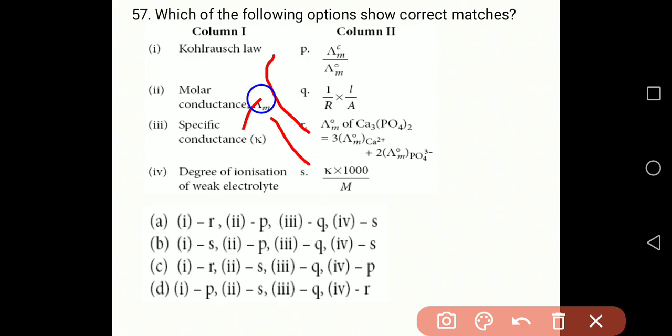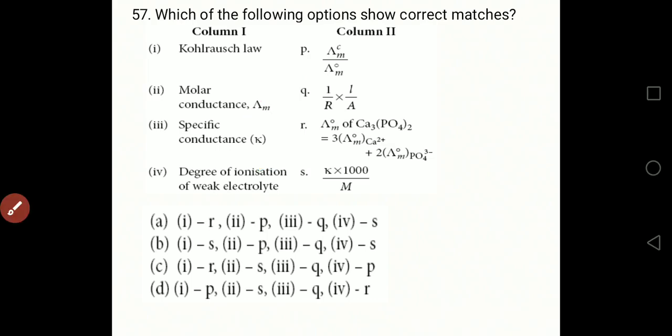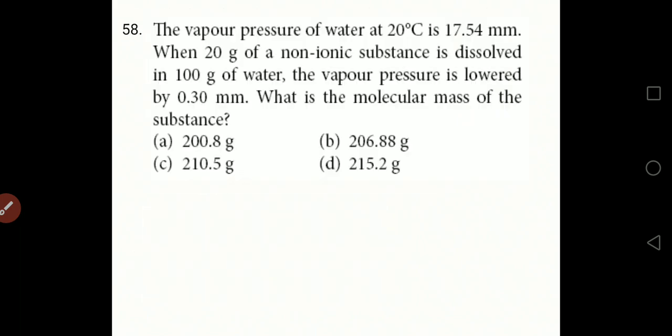Then specific conductivity you can say that is Q, and degree of ionization that should be here. So in this particular case the answer is C, 1R. Then 2S, so once 2 comes, only one option is left. And 3Q, you can see only 2 options left, so answer is C.